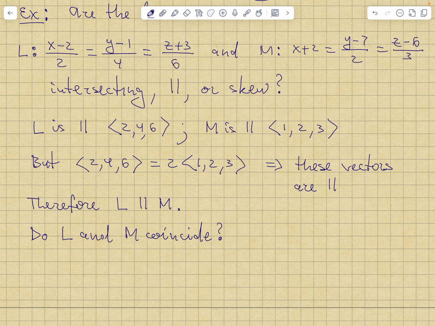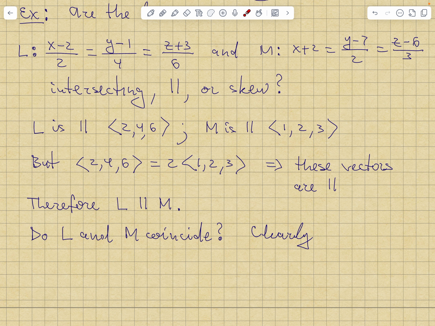So clearly, from the way we defined the symmetric equation of a line, the things that I'm subtracting from x, y, and z on the top are the coordinates of a point P that lies on the line.